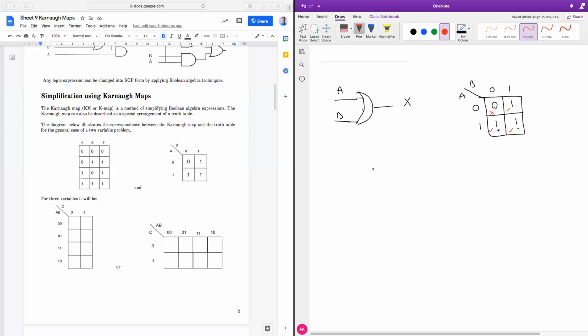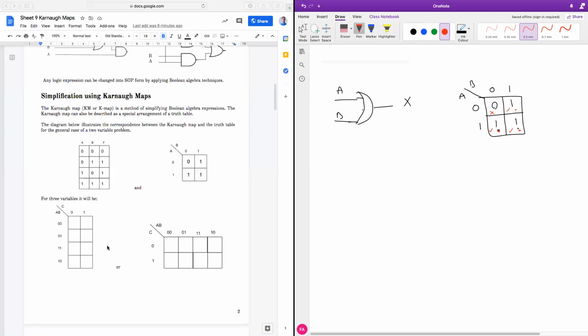But in those circuits, the output 0 is not important. We've got to only find the outputs of ones because we want to create only the ones in our truth table.